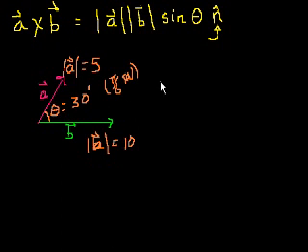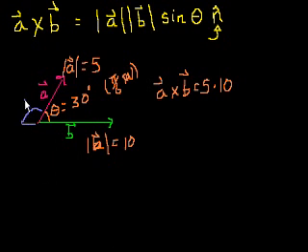So what will be A cross B? A cross B is going to equal the magnitude of A, so the length of this vector, which is 5, times the length of this B vector, so times 10, times the sine of the angle between them. And of course, you could have taken the larger, the obtuse angle. But I said earlier that it was the smaller, the acute angle between them, up to 90 degrees.